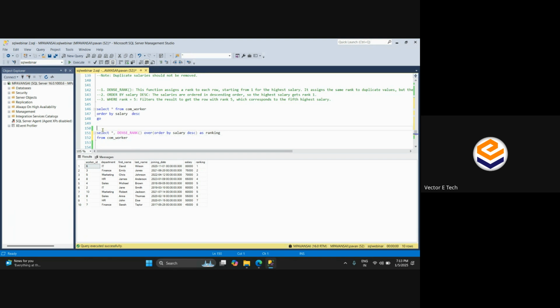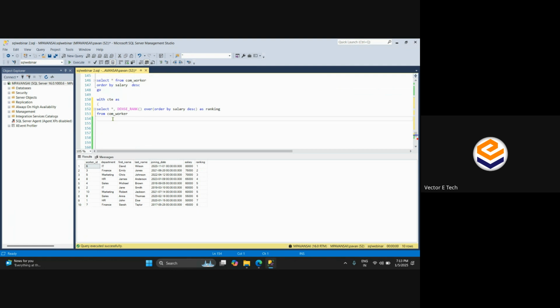And suppose you want to filter, we can make it a CTE, and write a select clause with that particular condition. I'll select salary, or you can select all the columns, your wish, from the CTE where my ranking is equal to 5.